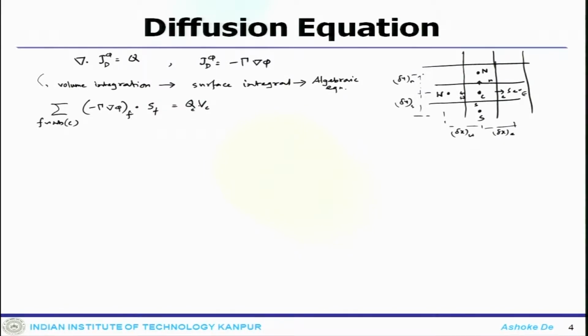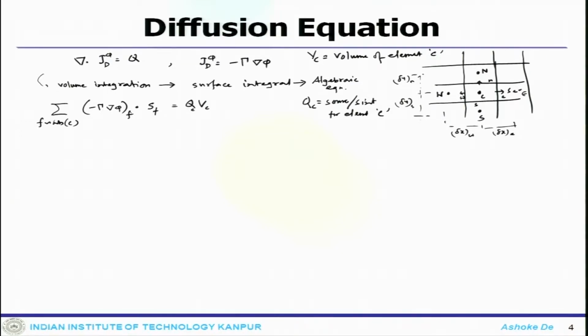Here V c is the volume of element C and Q c is the source or sink for element C.